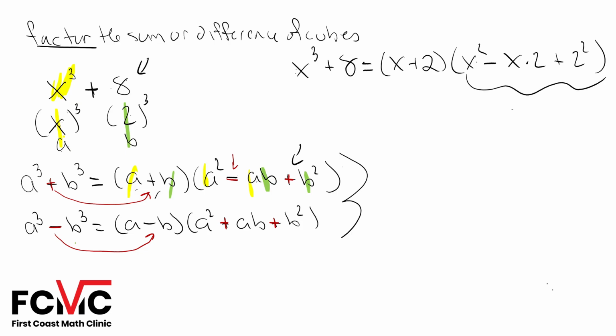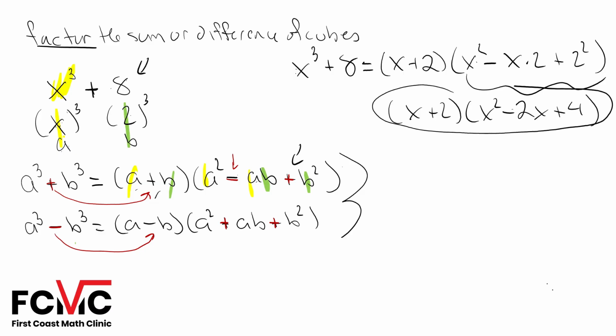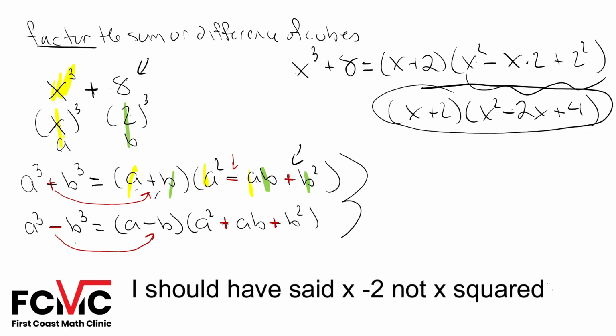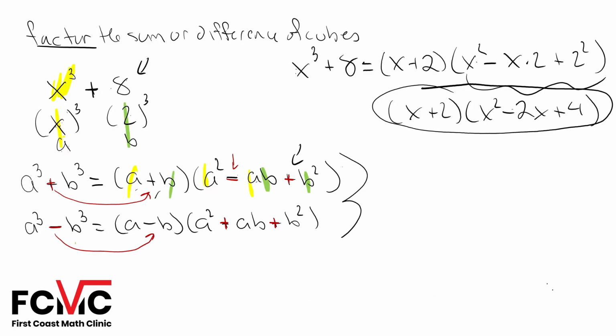Let's simplify the second set of parentheses. So I'm going to have x plus 2 times x squared minus 2x plus 4. So my factored answer here is going to be x plus 2 times x squared minus 2x plus 4.